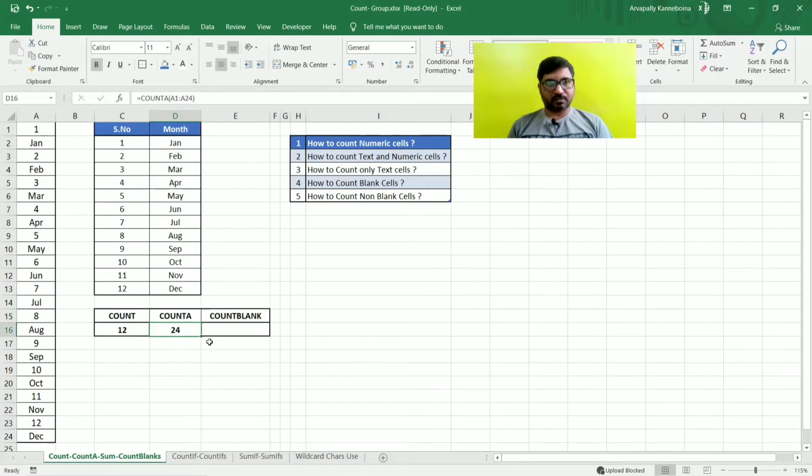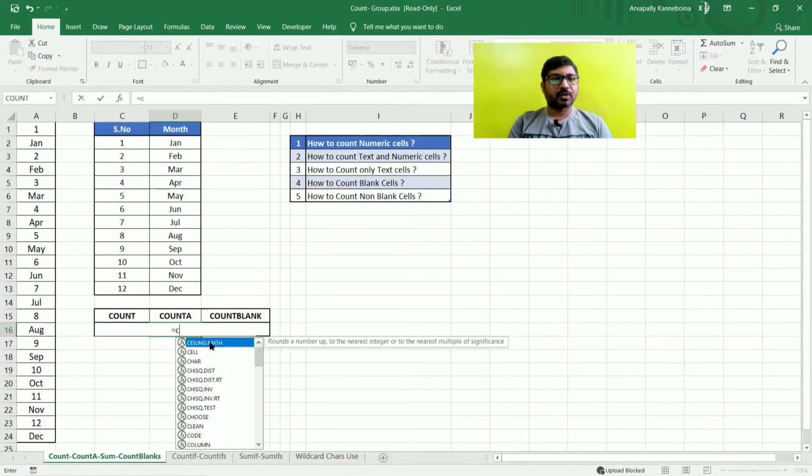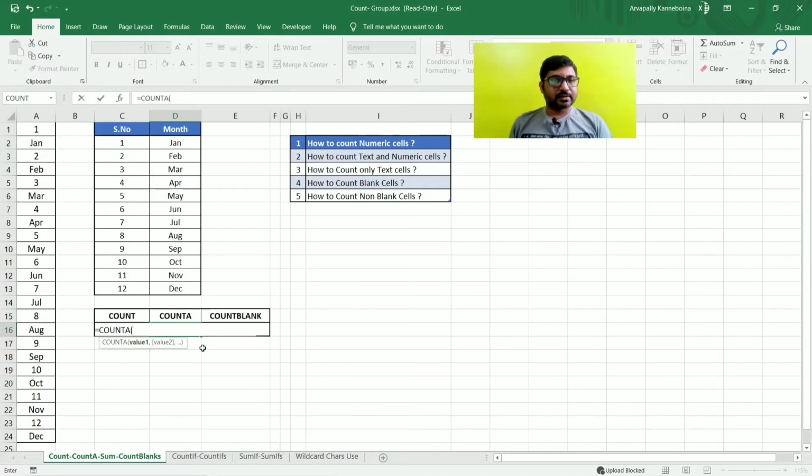I'm adding some more ranges, equal to COUNTA. The syntax is the same as the COUNT formula. COUNTA also requires the input, value 1, value 2. Value 2 is always optional; if you want, you can give it.